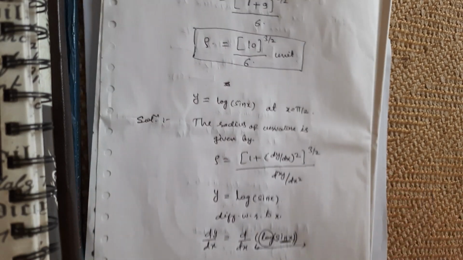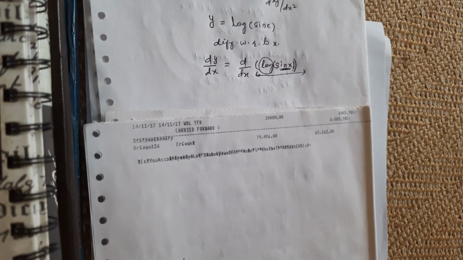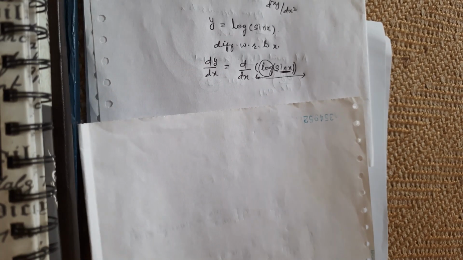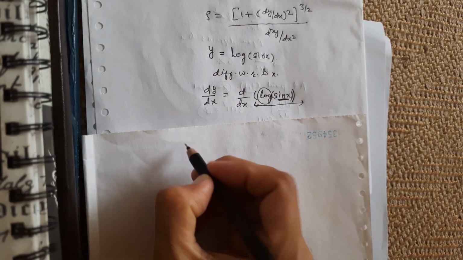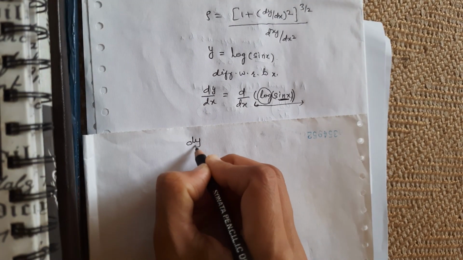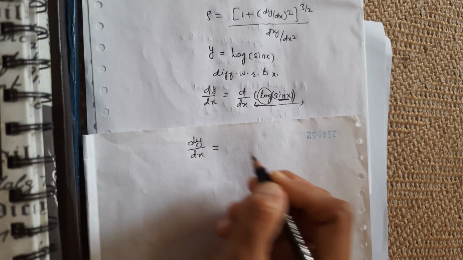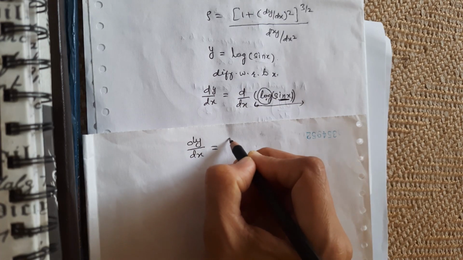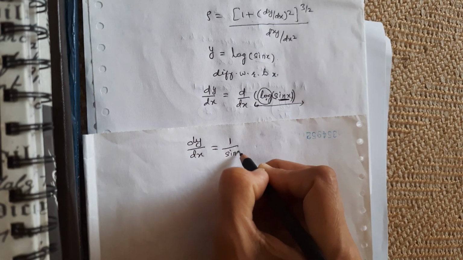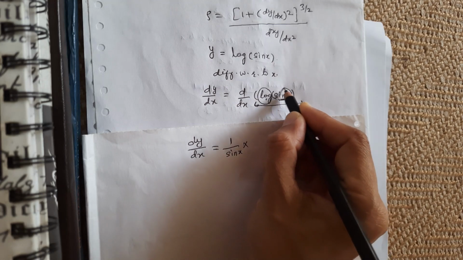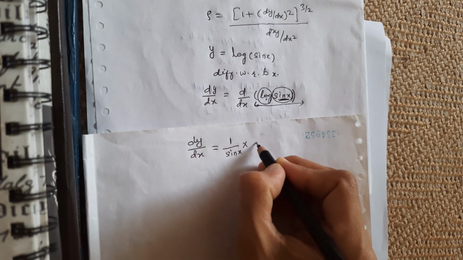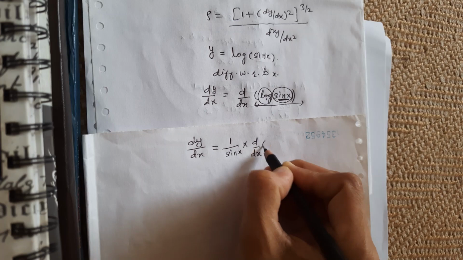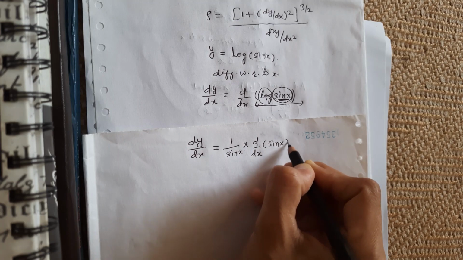So what will I get? dy by dx equals, what is the derivative of log function? 1 upon x. So log of sin x will give 1 upon sin x into the derivative of the inner function, d by dx of sin x.